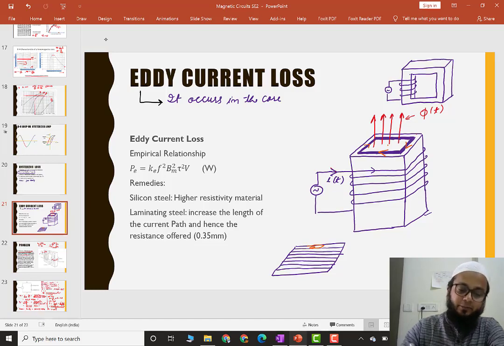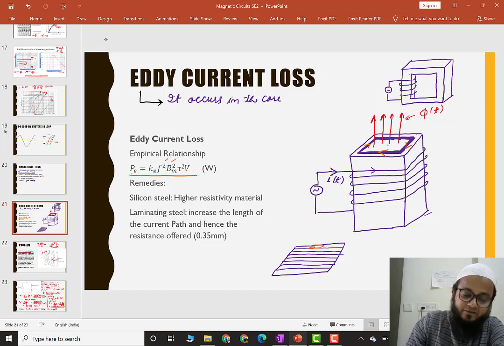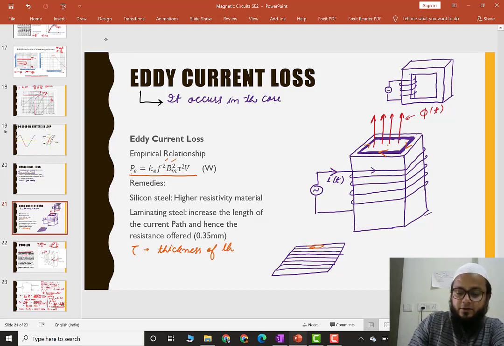There is an empirical relationship and a derivation of it as well, but I'm not going into the detail of those derivations here. What you can see is that the eddy current loss is given by this expression, where the eddy current loss depends upon the square of the frequency and the square of the flux density Bm, and tau is the thickness of the laminating steel.